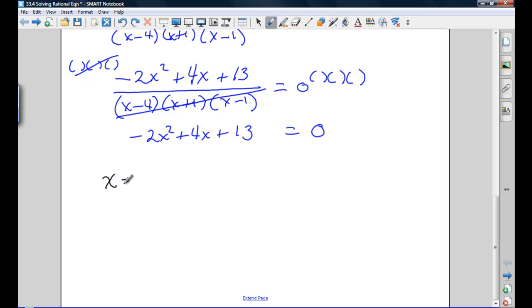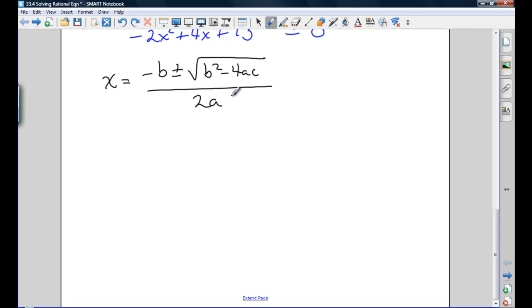We haven't done a lot of work with the quadratic formula, so it's important to refresh ourselves with what the formula is and where to plug in the information. So I could just plug in the b squared minus 4ac.